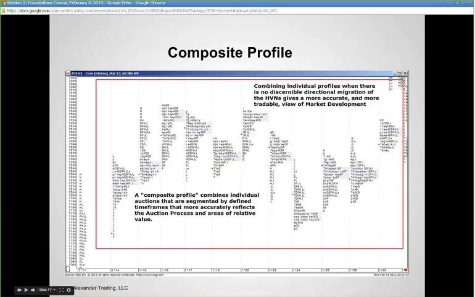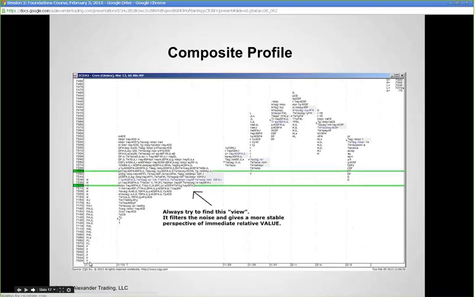All right, now these are individual sessions, and here's the larger auction, and then here's the trading that began right here to migrate lower.